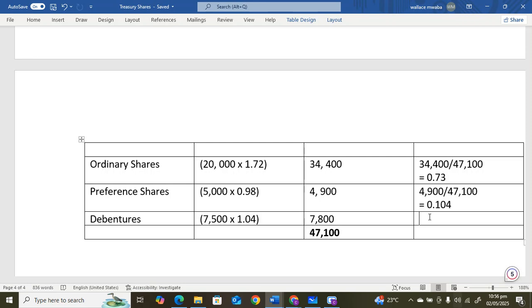What's the weightage for debentures? Okay. We can round it off to 0.166. That is correct. So, colleagues, any questions so far?